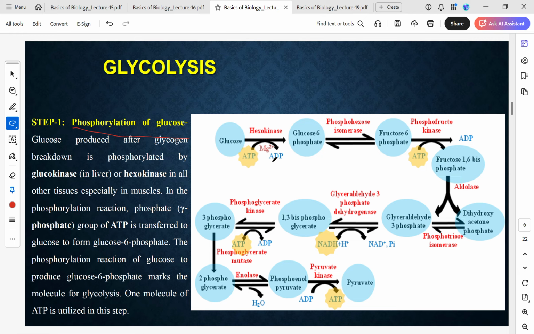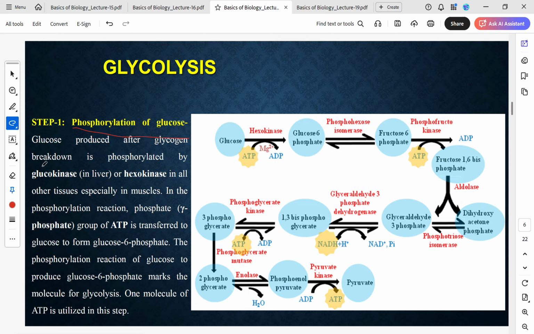These cofactors lock the enzymes in a particular orientation so that they can function optimally. In this step, one ATP is utilized, which results in formation of ADP, and the inorganic phosphate reacts with glucose to form glucose 6-phosphate.